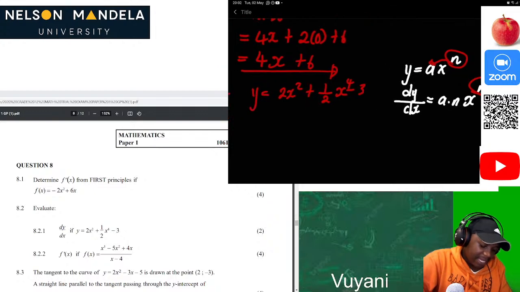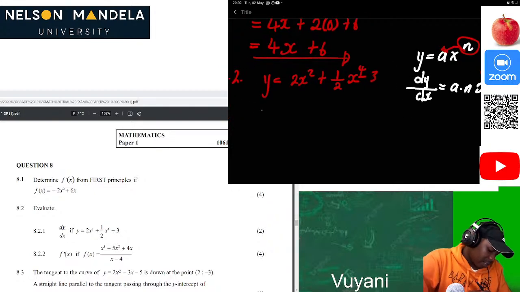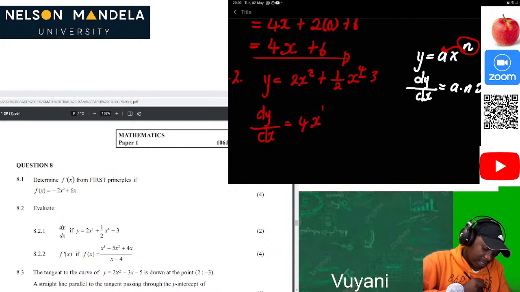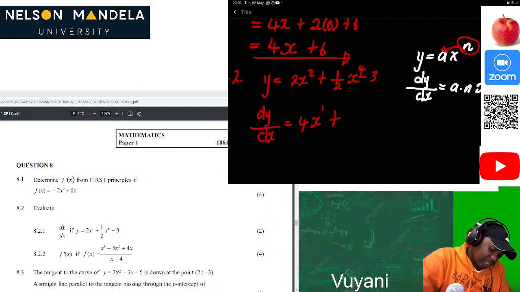So now let's apply that same knowledge in solving this. Then dy over dx is equal to 2 times 2 is 4x, then 2 minus 1 is 1, then plus 4 times 1 over 2 is the same as 2x, then 4 minus 1 is equal to 3.